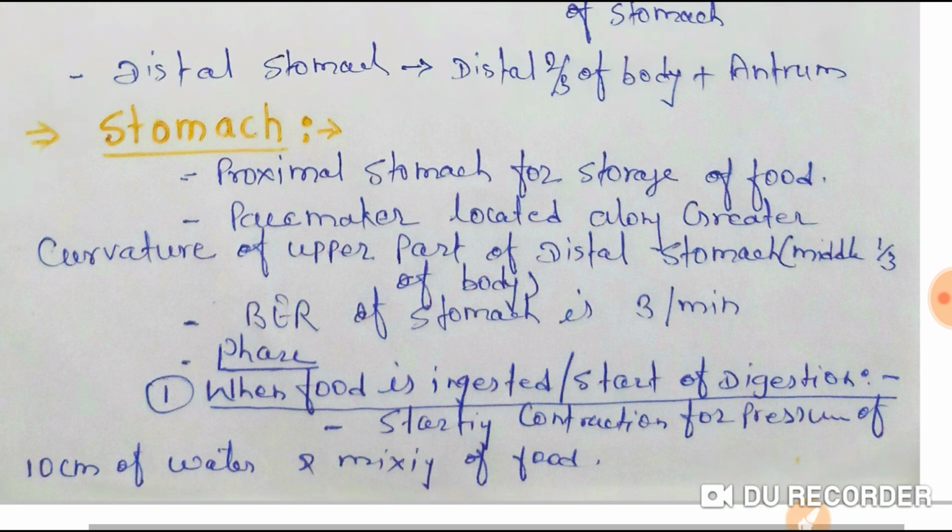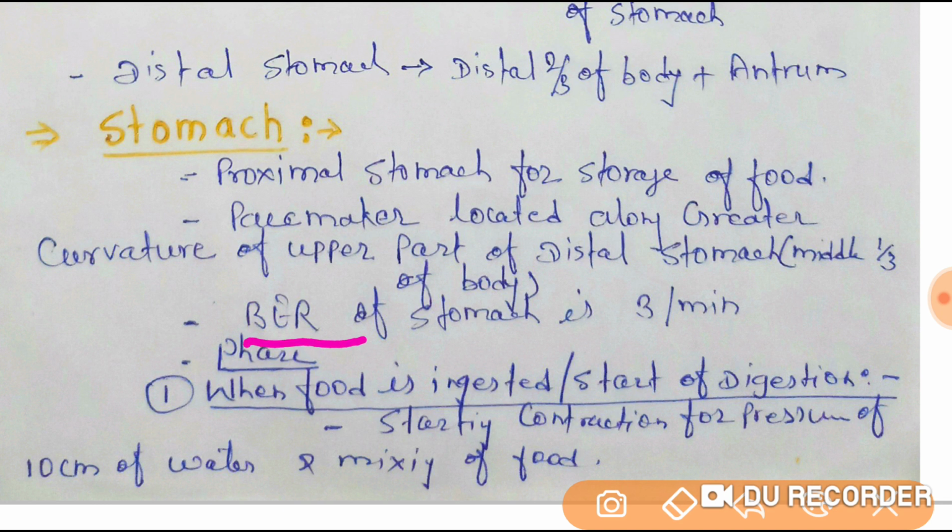The basic electrical rhythm of the stomach is 3 per minute, while the potential is -65. You have to remember.